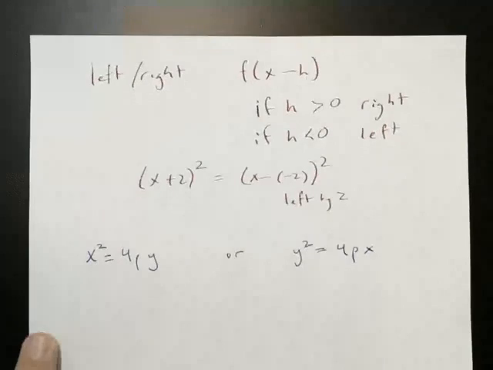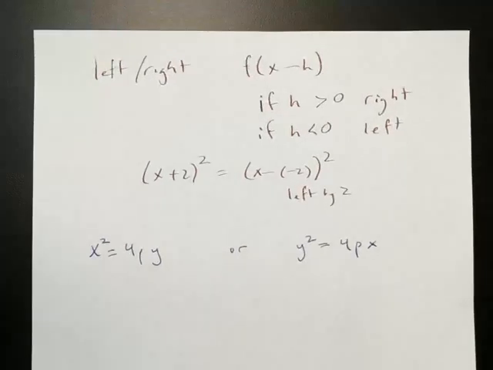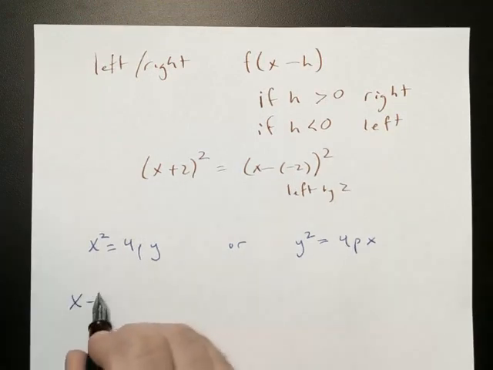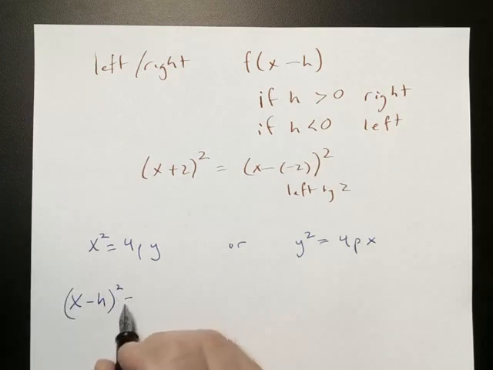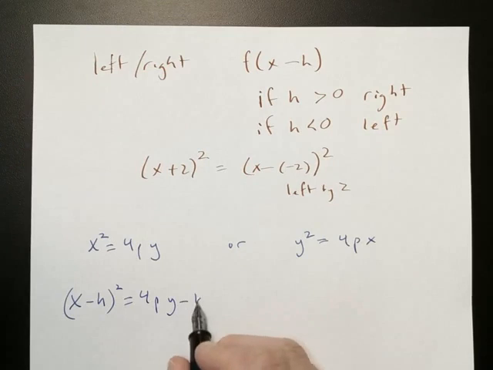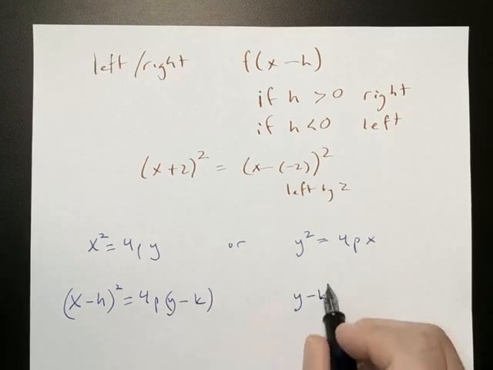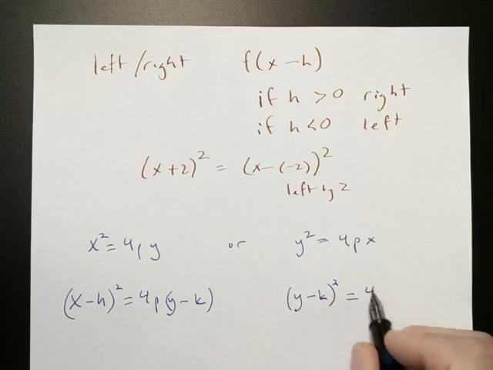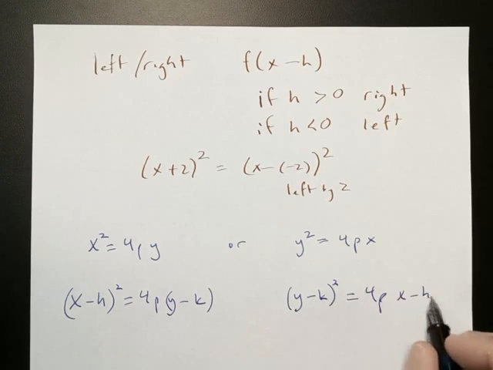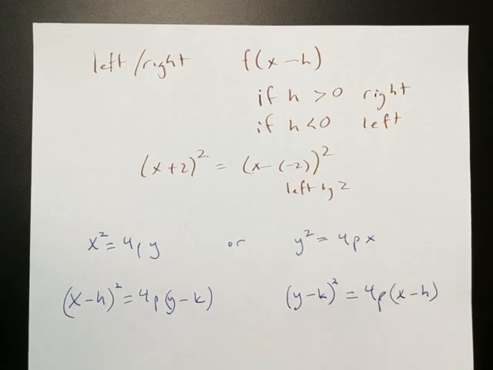Those were our formulas for the general cases, yes? Not anymore. Now I'm going to write (x minus h) squared equals 4p(y minus k). And over here, I'm going to write (y minus k) squared equals 4p(x minus h).